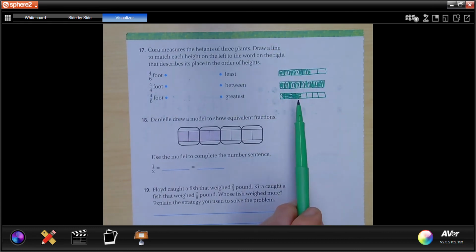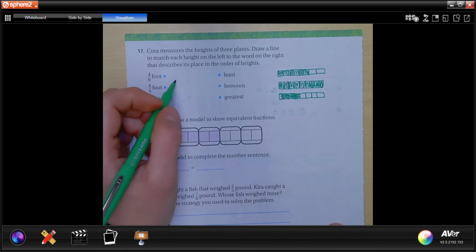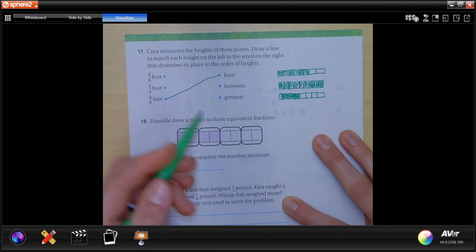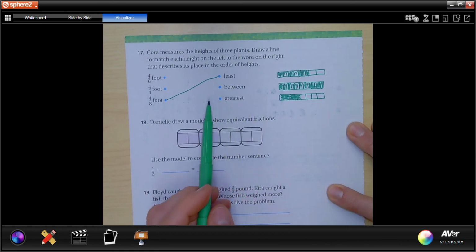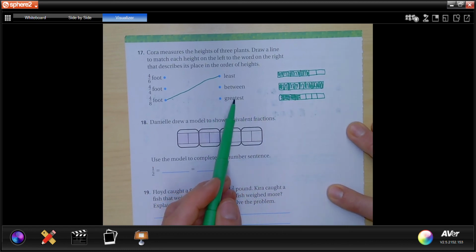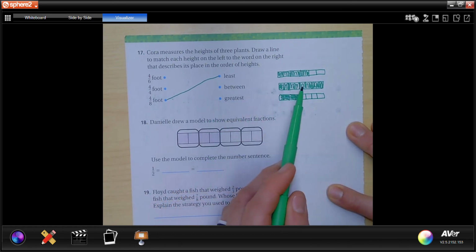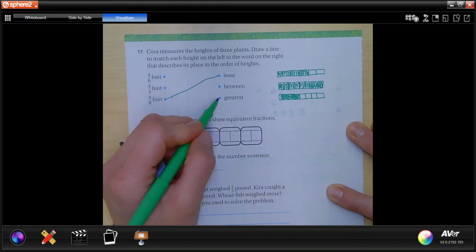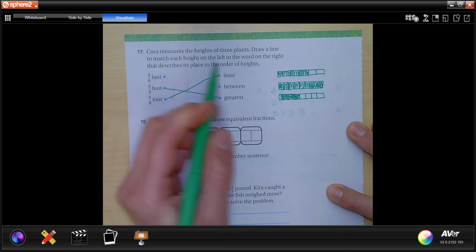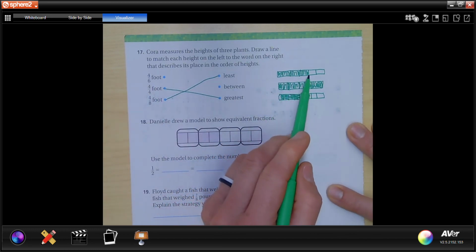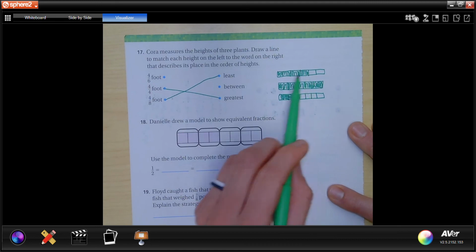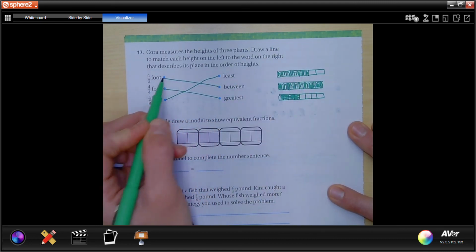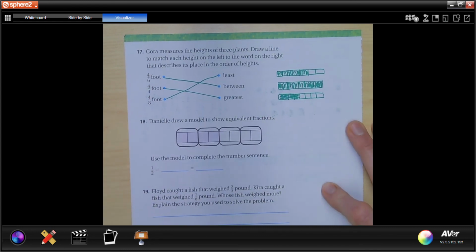This one has the least, so 4/8 is the least. Which one has the greatest? The greatest is this one, so 4 out of 4 is the greatest. And which one's in the middle of them? This one. This one was sixths, so 4/6 is in between. Great.